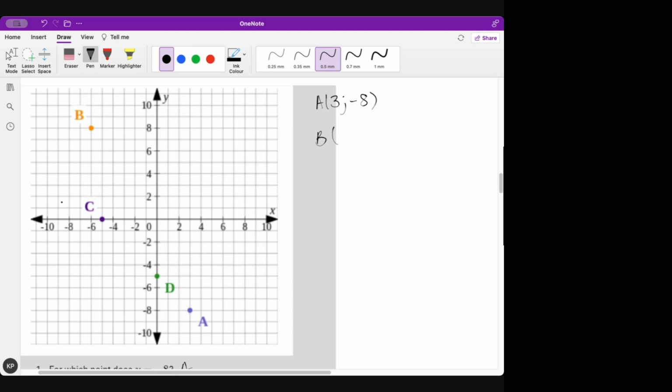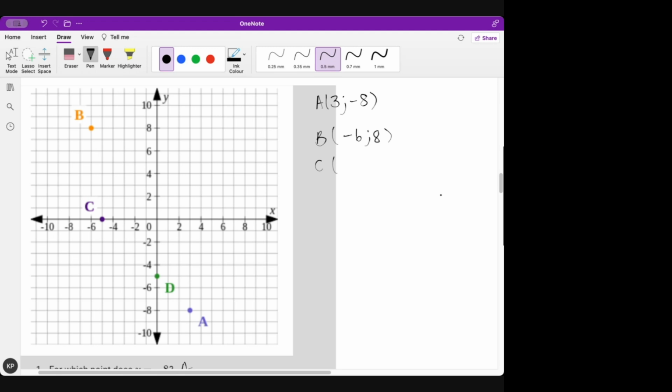Let's look at B. Where's B? Over there. Remember, look at the dot, not the letter. B is (-6; 8). Let's see. -6 is indeed with 8. C, 0 and -5, -6 and 0. There's a lot going on.